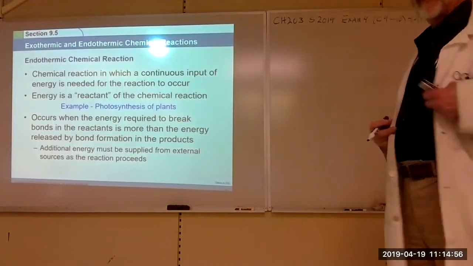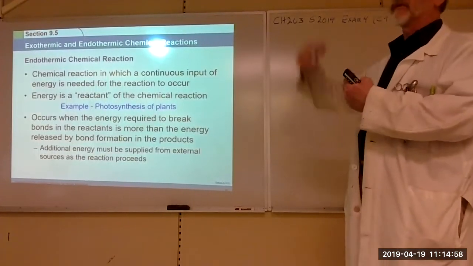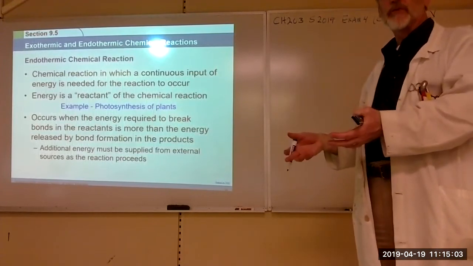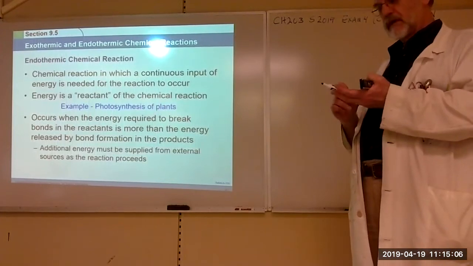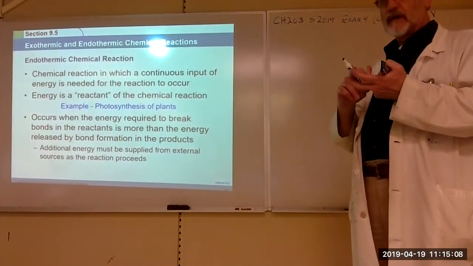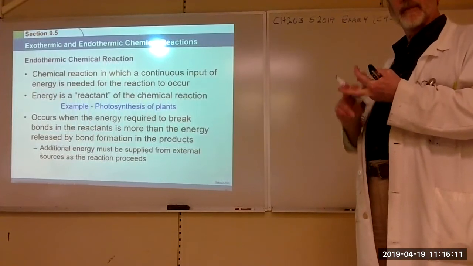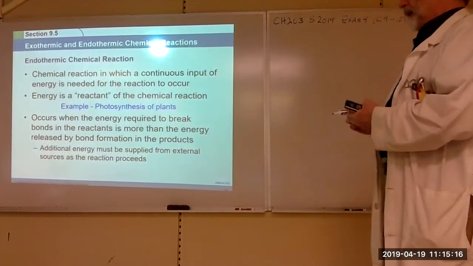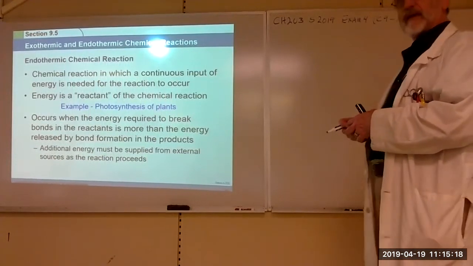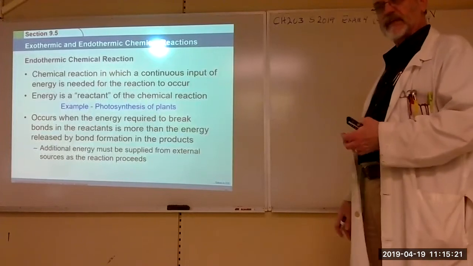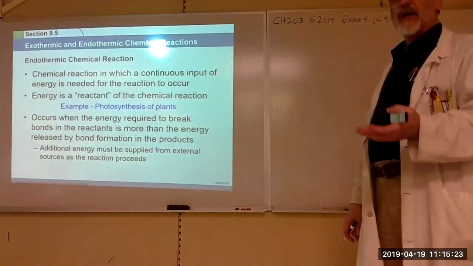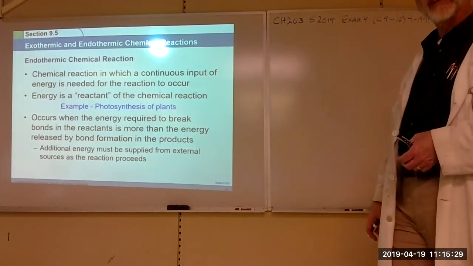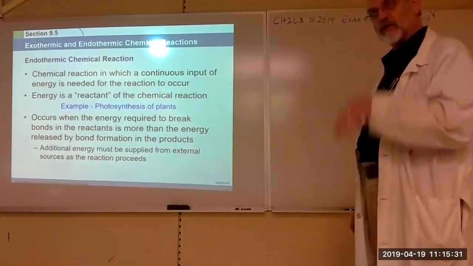Photosynthesis is a process whereby the plant takes energy from the sun, stores that energy in molecules like sugars, complex carbohydrates, celluloses, lignins for their cell walls, and they use it to make the other things that they need, proteins, for instance, their enzymes. Those are all endothermic reactions. They take that energy from the sun and store it in their molecules.